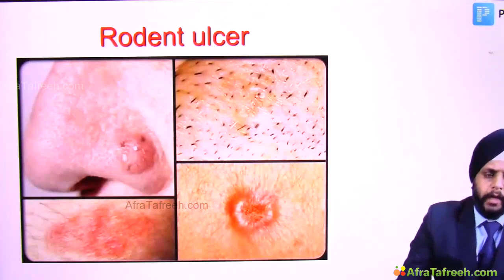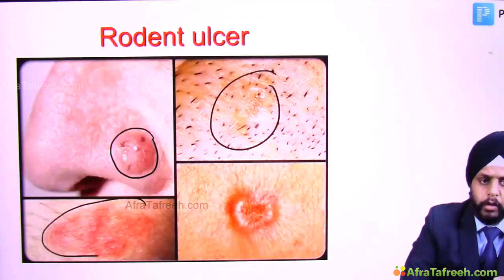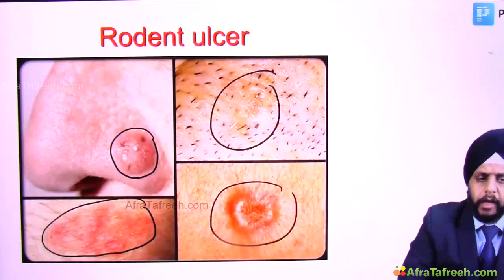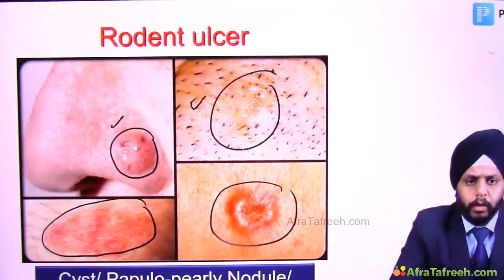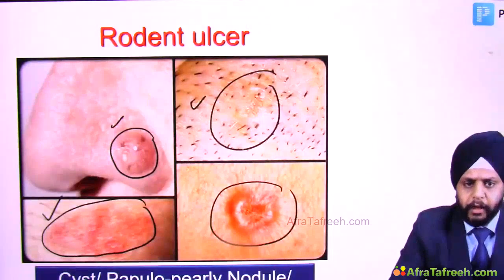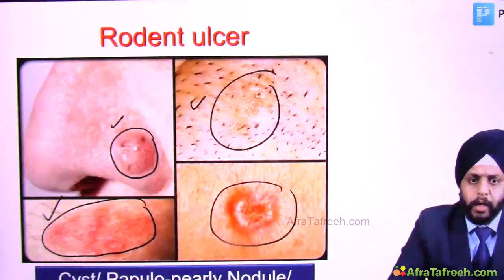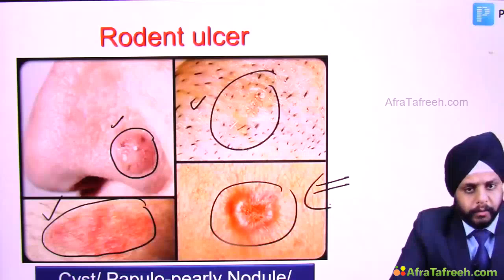You see, in different photographs, there are varied types of presentations of rodent ulcer. It can present as a cyst, or as a pearly nodule, or as an ulcer with rolled margins. So you can see over here, we can also have an ulcer with rolled margins.